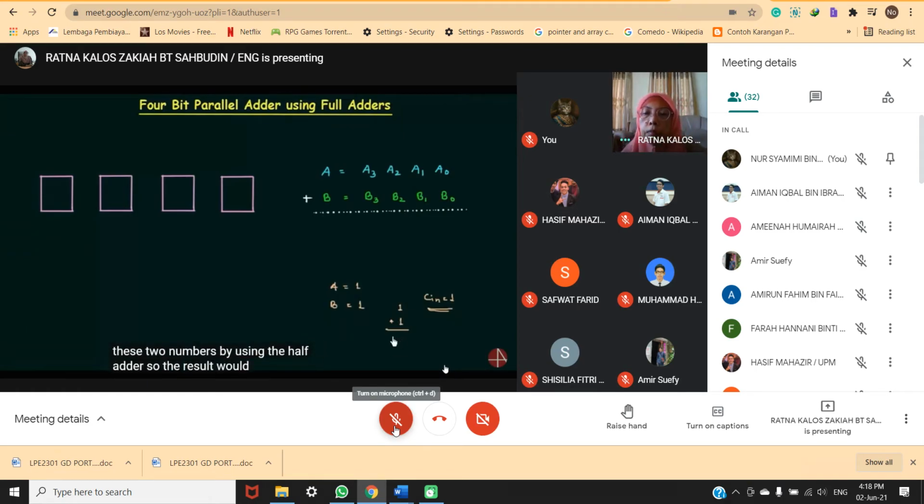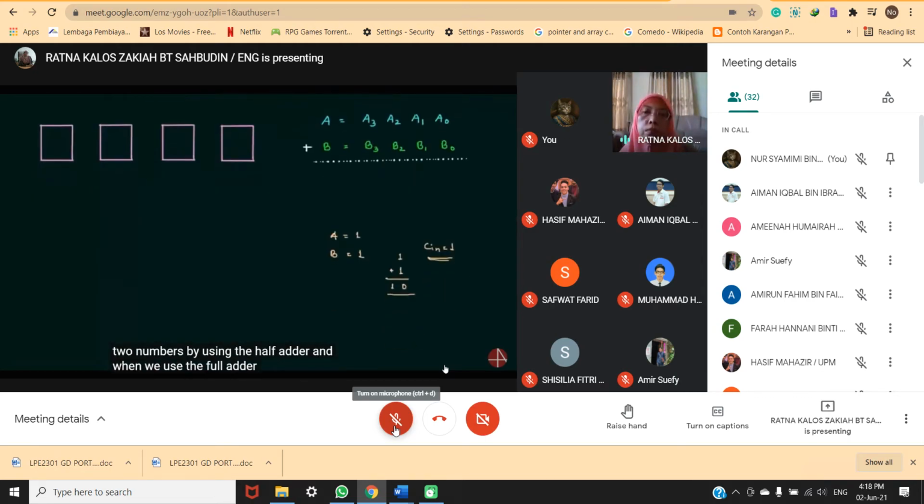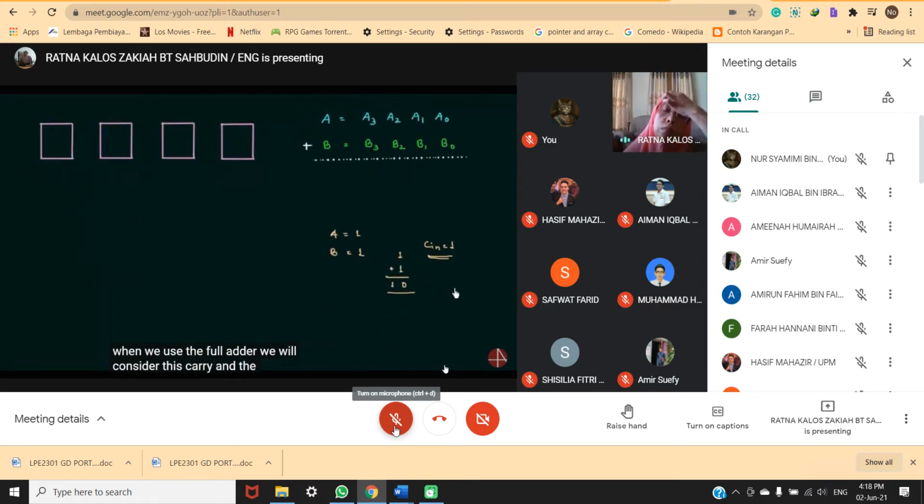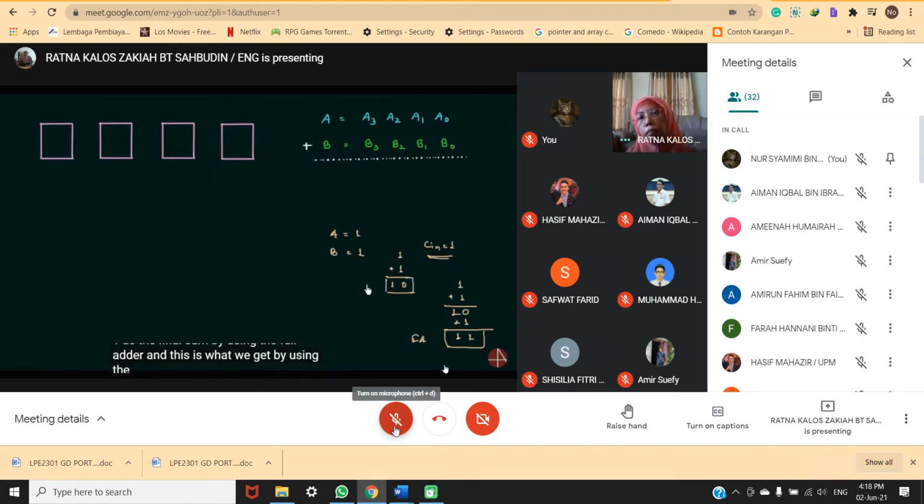The result would be 1, 0. When we use the full adder, we consider the carry, and the sum looks like 1, 0, and then we add the carry input, giving 1 1 as the final sum by using the full adder.